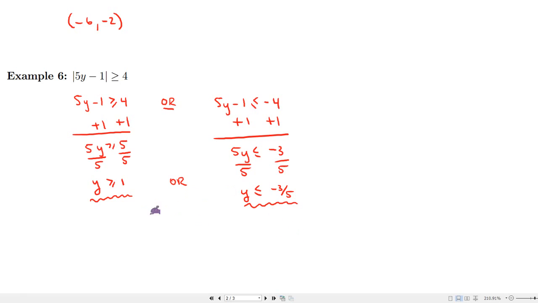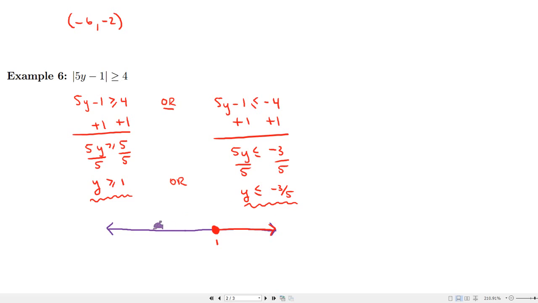And then let's see what happens when we combine these. So let's draw, I know I didn't switch the color last time, but let's just do that to be consistent. Hopefully it's a little easier to see these graphs. Okay, so we got a real line here. Switch back to red. So y is greater than or equal to 1. What would that look like? So that's going to be a filled in circle, 1 greater than or equal to.